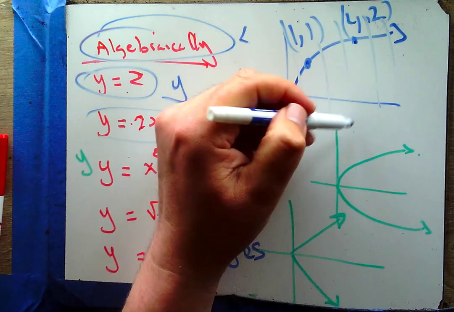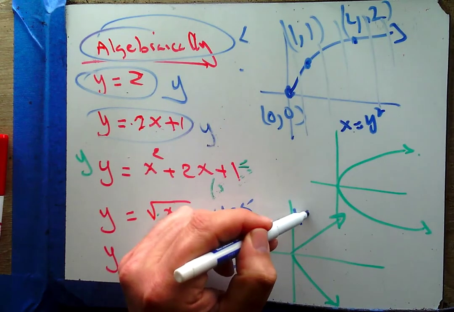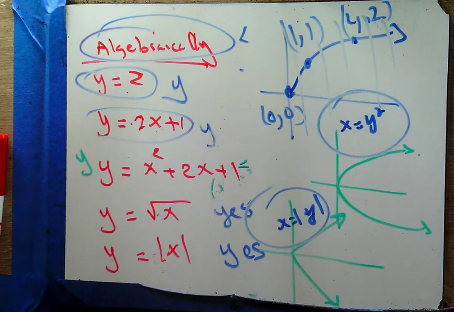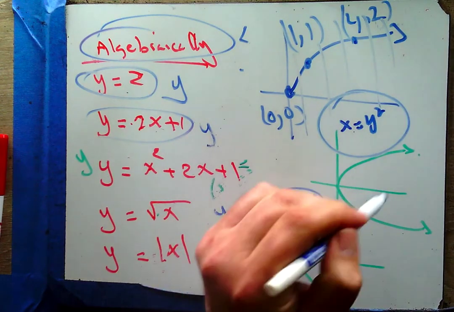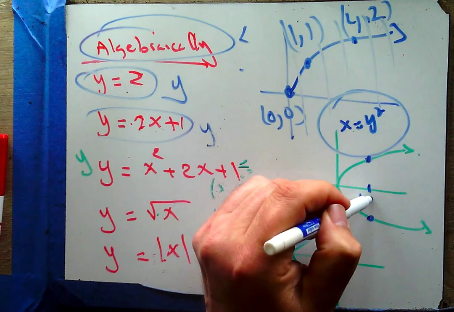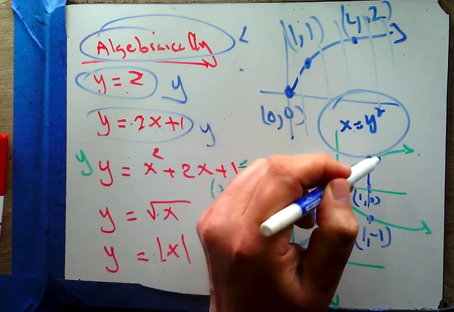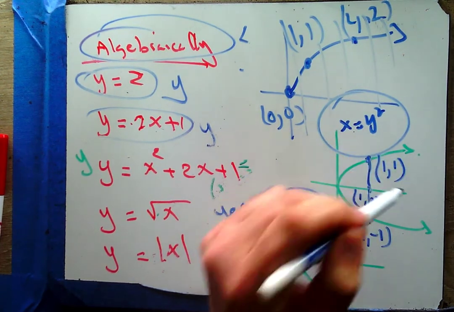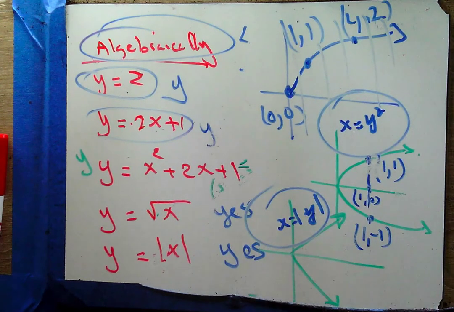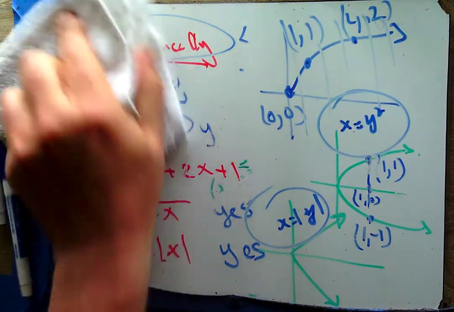So this is x equals y squared, and x equals absolute value of y. So when I see these things algebraically, I say, no, that's not going to be a function of x because I get two different y values for this one x input. I get one negative 1 and I get one positive 1. Because I have that repetition in the domain going to two different outputs, this is not a function. All right, functionness. Let's move on.